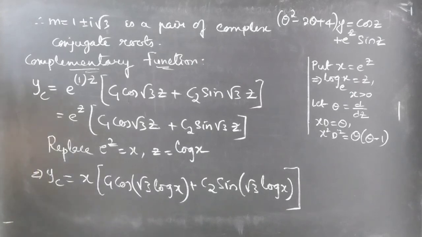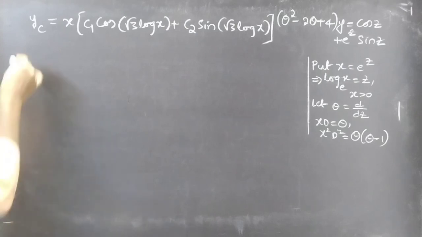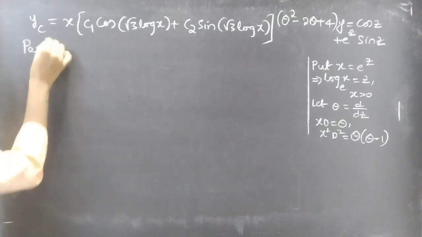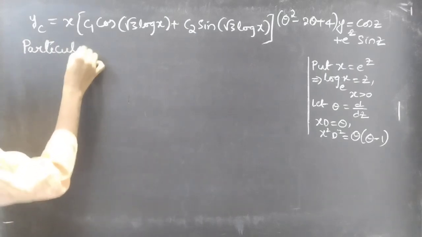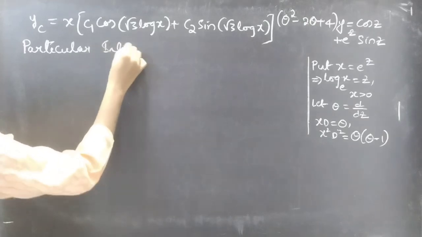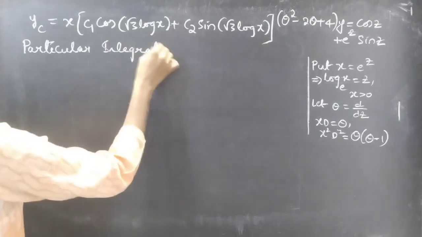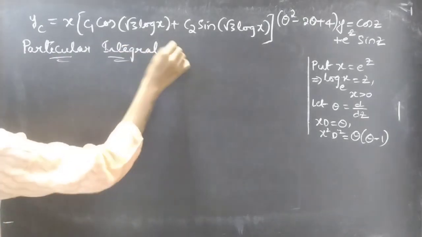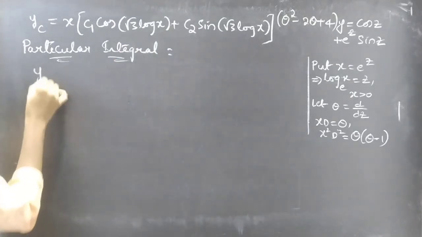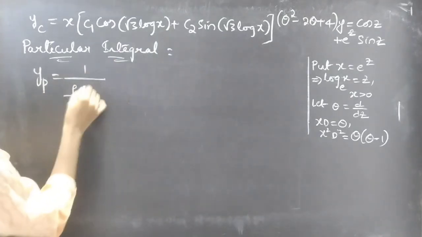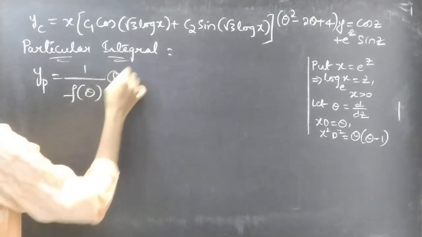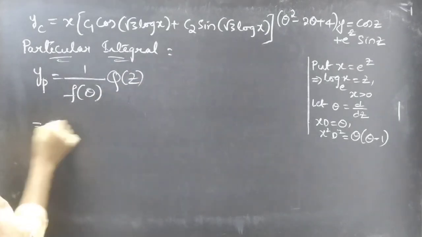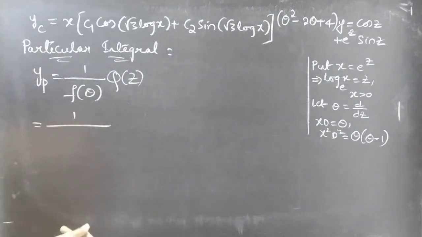Let's now find yp, the particular integral. Now coming to the particular integral, we'll find it using 1 by f of theta into q of z. We have f of theta and q of z, right?